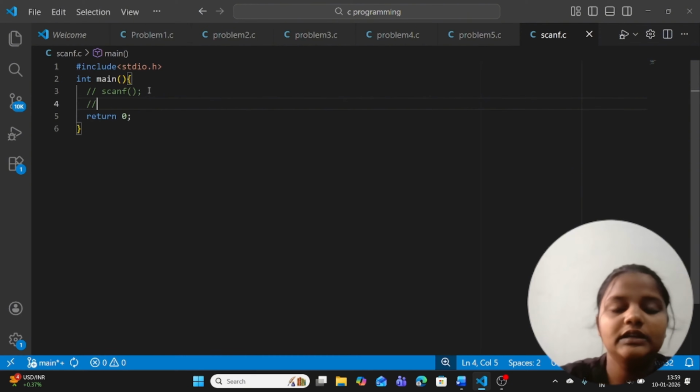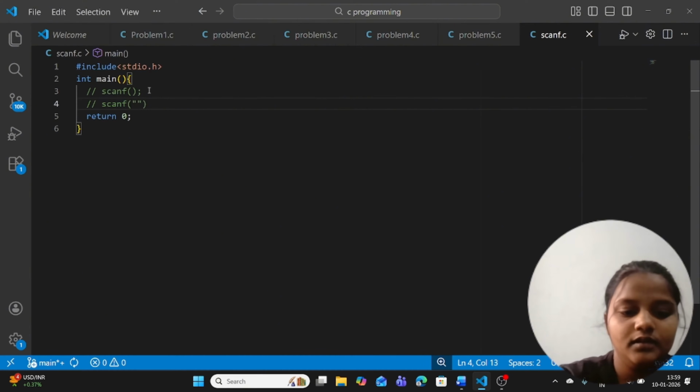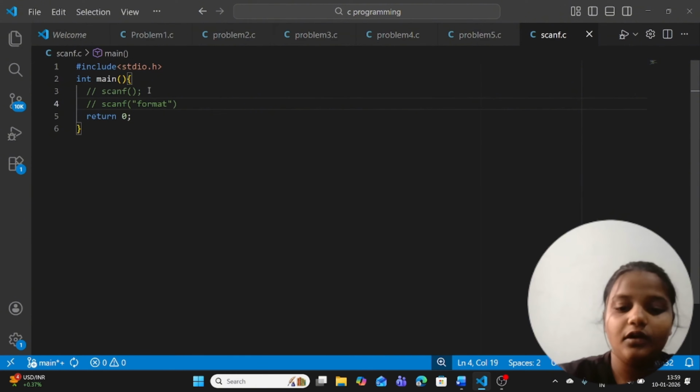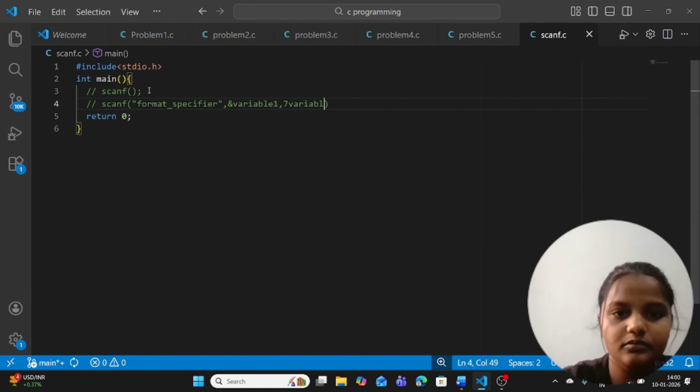Okay, so the syntax for scanf is scanf, format specifier, then variable 1, then variable 2, and so on.